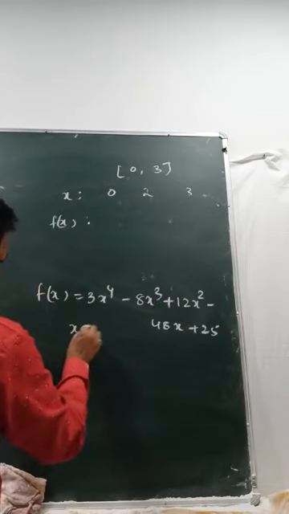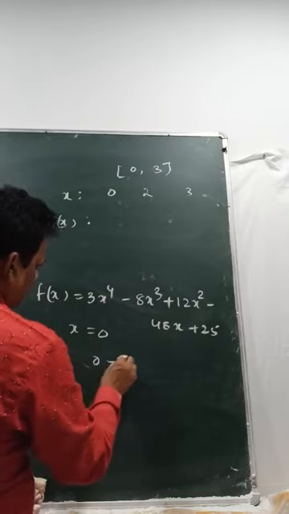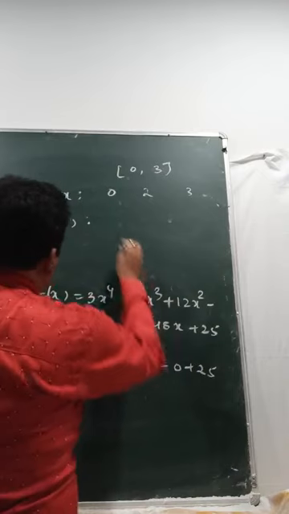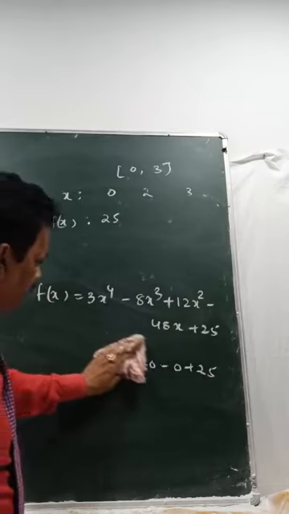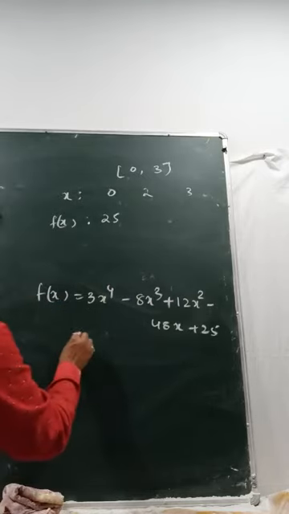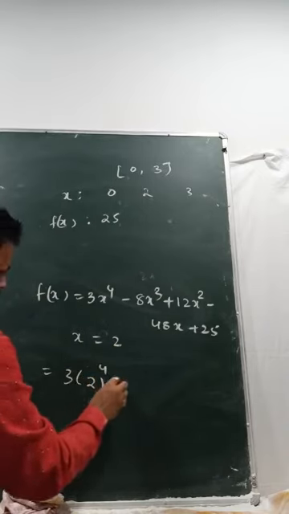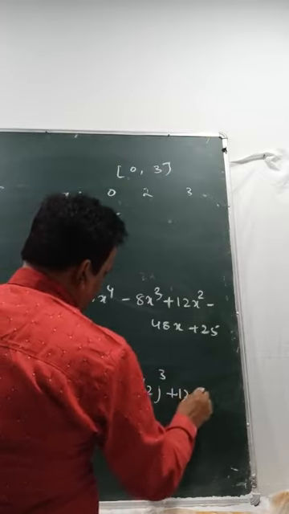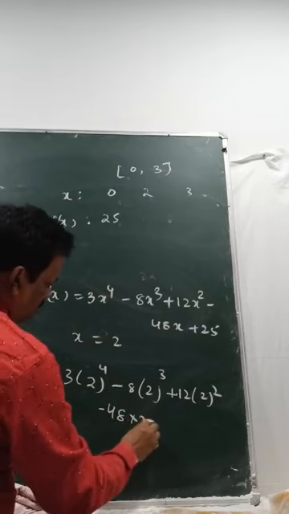If you put x = 0 in this function, you will get 0 − 0 + 0 − 0 + 25. So you got 25 here. Then put x = 2. So 3 into 2⁴, 8 into 2³, 12 into 2², minus 48 into 2, plus 25.